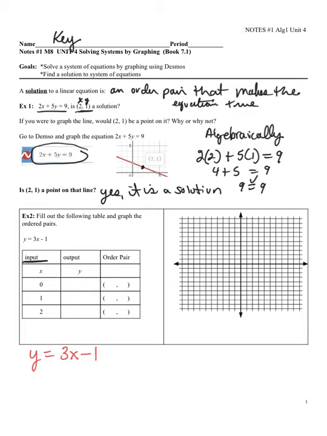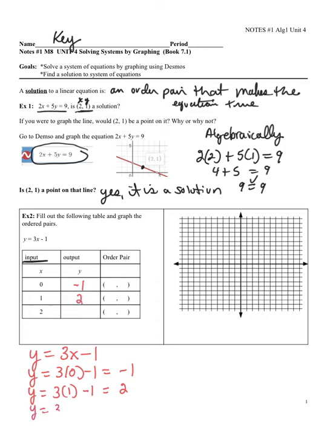Start with the equation. So when x is equal to 0, what is the answer, or what is y? It's negative 1. So this is negative 1. Then we're going to plug in 1 for x, and we're going to get 2.